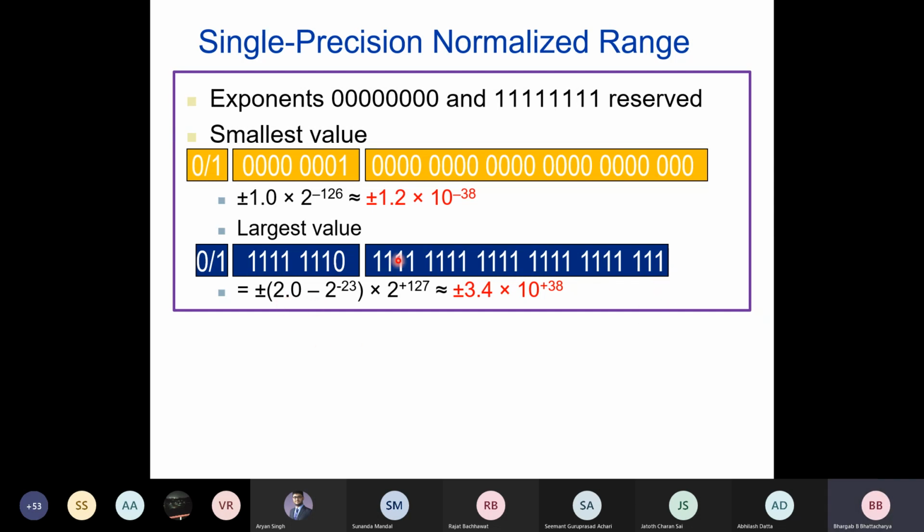So the largest value is 2.0 minus 2 to the power minus 23, times the largest exponent, 254 minus 127, that means 2 to the power plus 127. So that we have just discussed, 10 to the power minus 38 to 10 to the power plus 38.